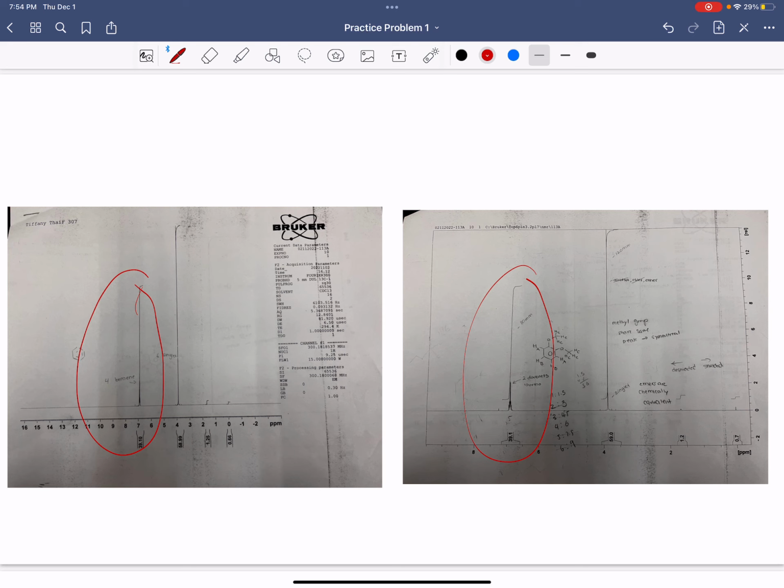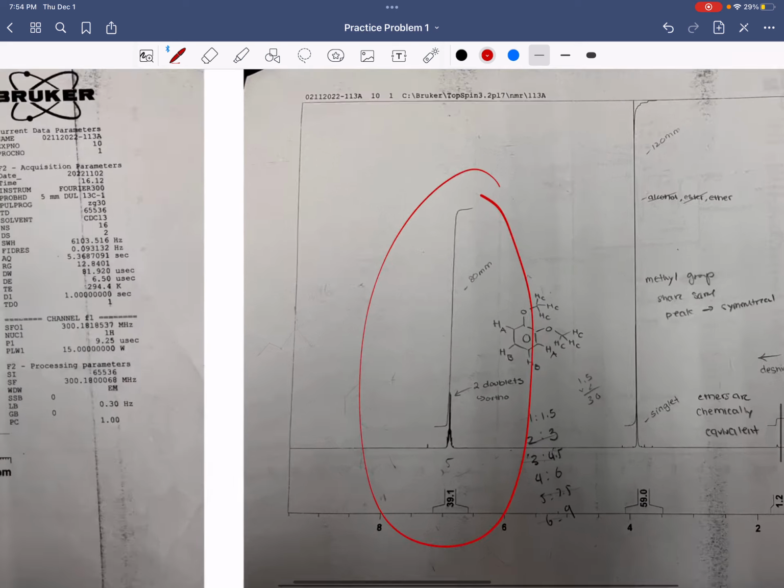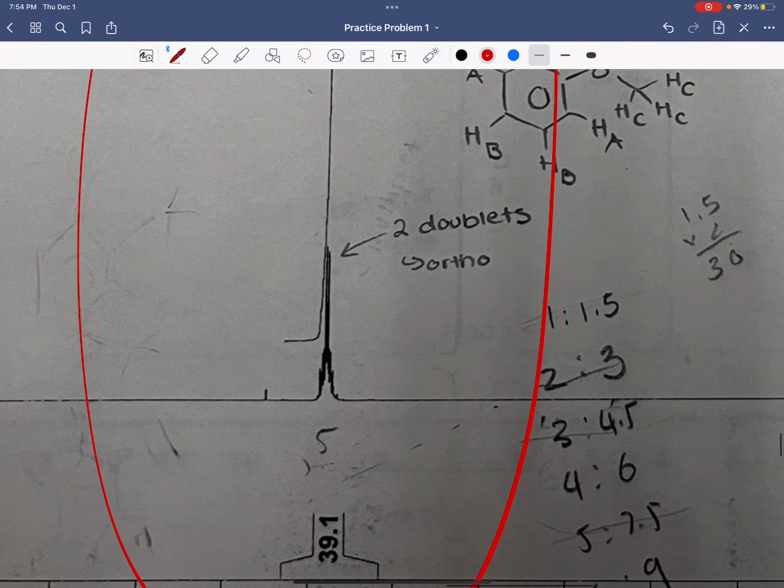It seems that there are two doublets if you zoom in like this, which indicates the hydrogens on the benzene ring might not all be chemically equivalent to each other. And the benzene ring has 6 positions, which explains the multiple splitting around the doublets due to the nearby hydrogens.